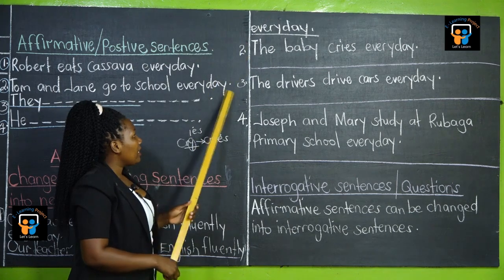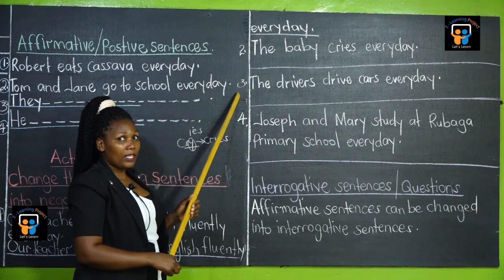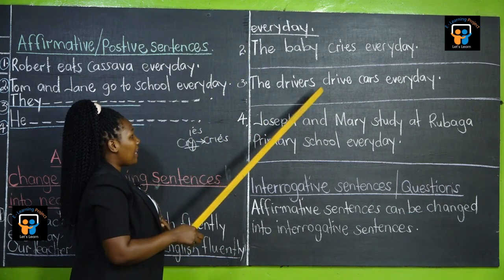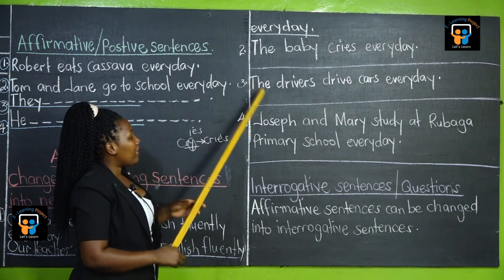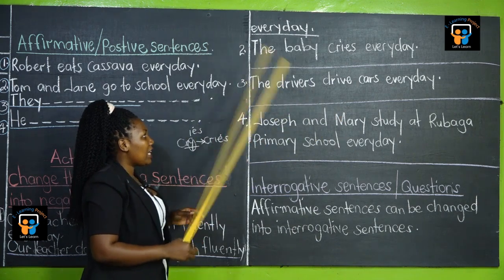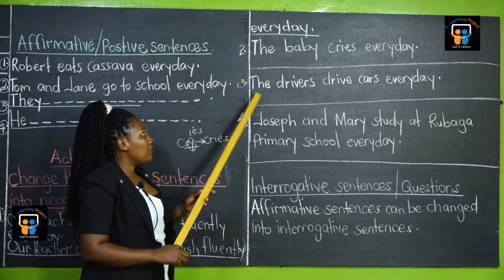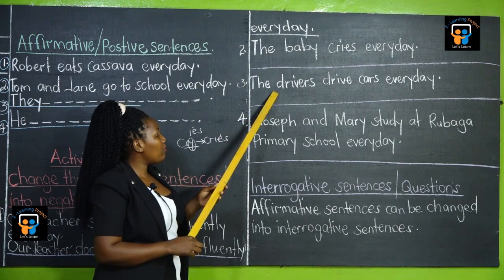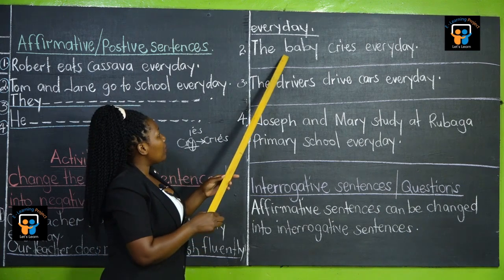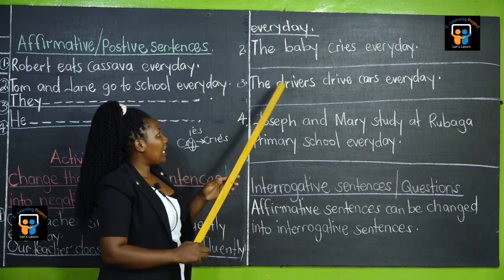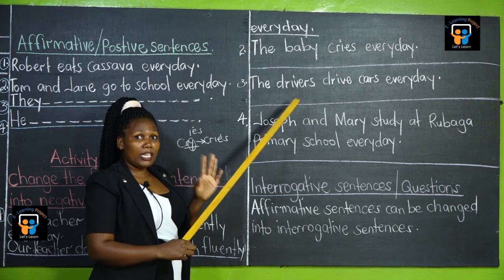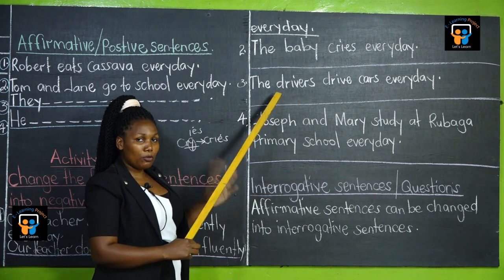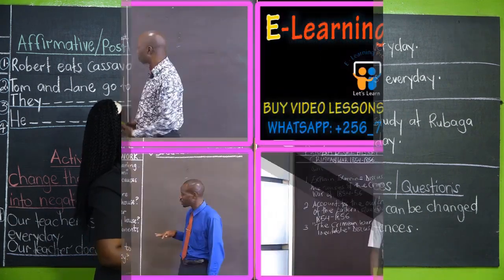Number 3, the drivers drive cars every day. You see, we have plural subjects here. Here we had singular baby, one baby. And then here, drivers, there are many plural subjects.